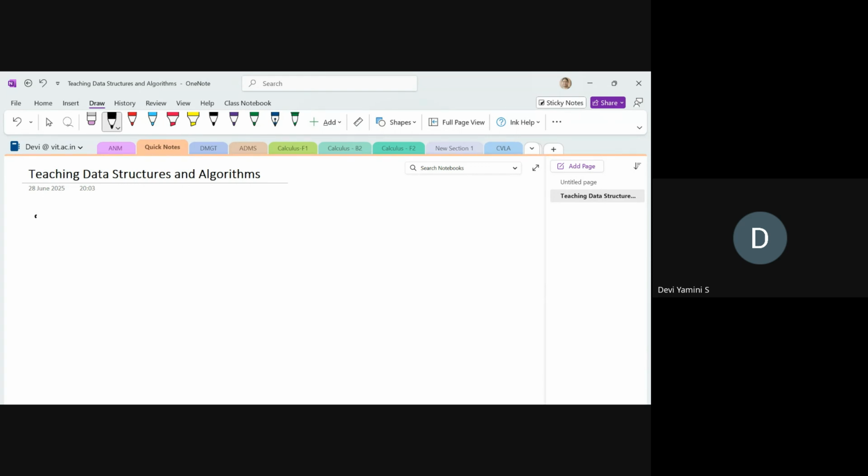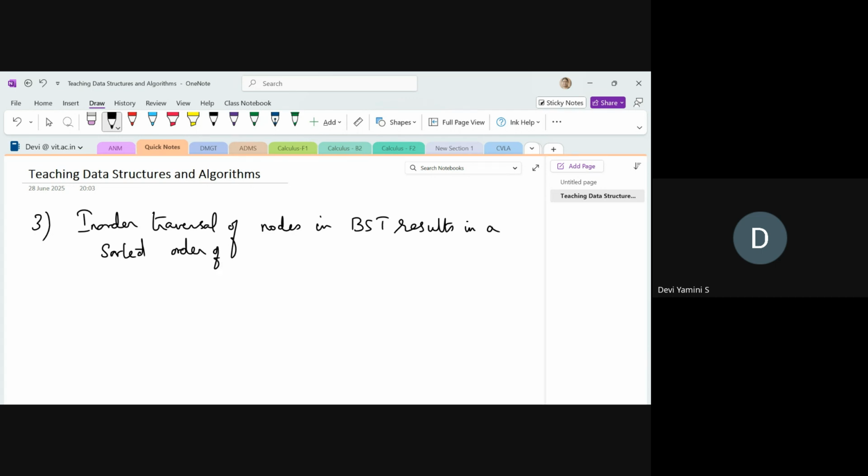Problem 3 states that the in order traversal of nodes in a binary search tree, that is BST, results in sorted order of the values in the nodes. This is the first subdivision related to the third problem in problem sheet 2.